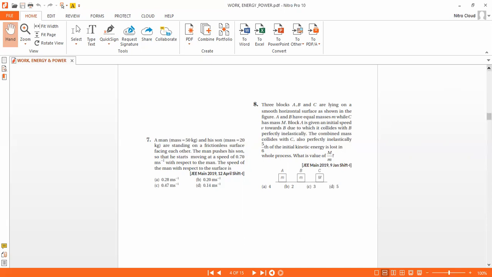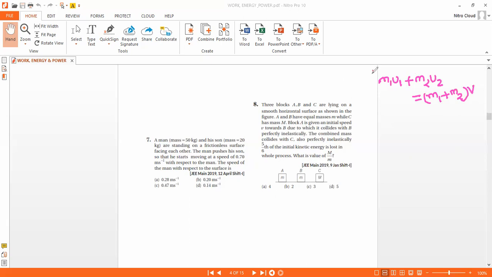Whenever they say perfectly inelastically, immediately you should remember momentum conservation, m1u1 plus m2u2. In a perfectly inelastic collision, after collision both the particles will move with a common velocity.